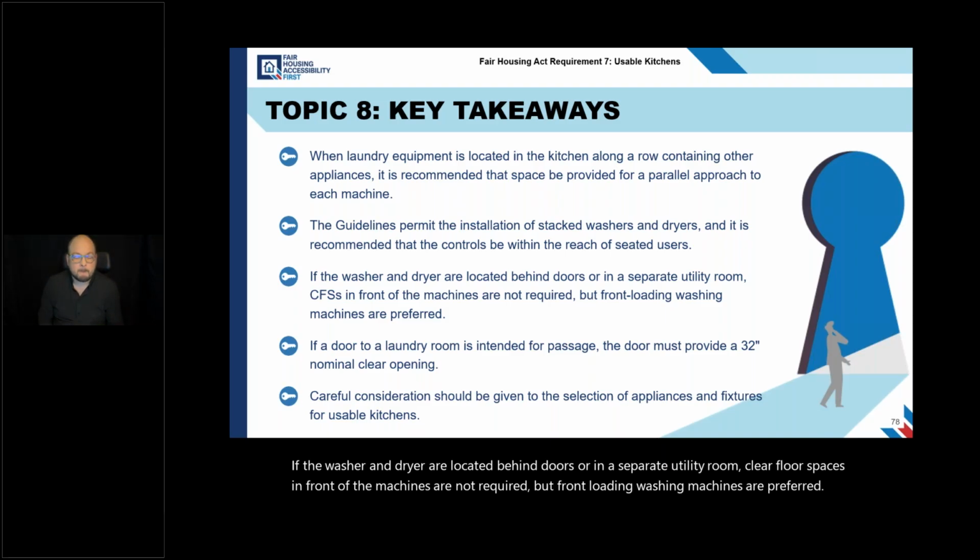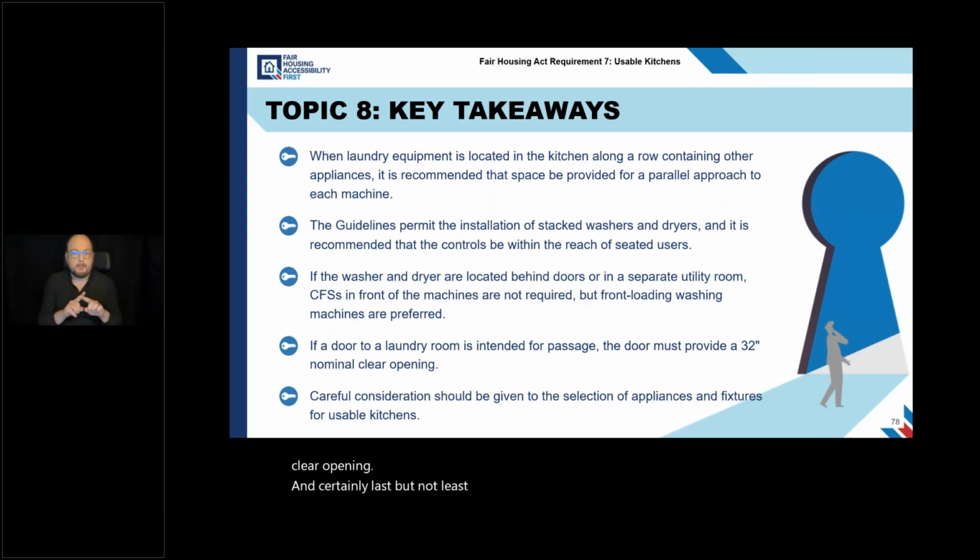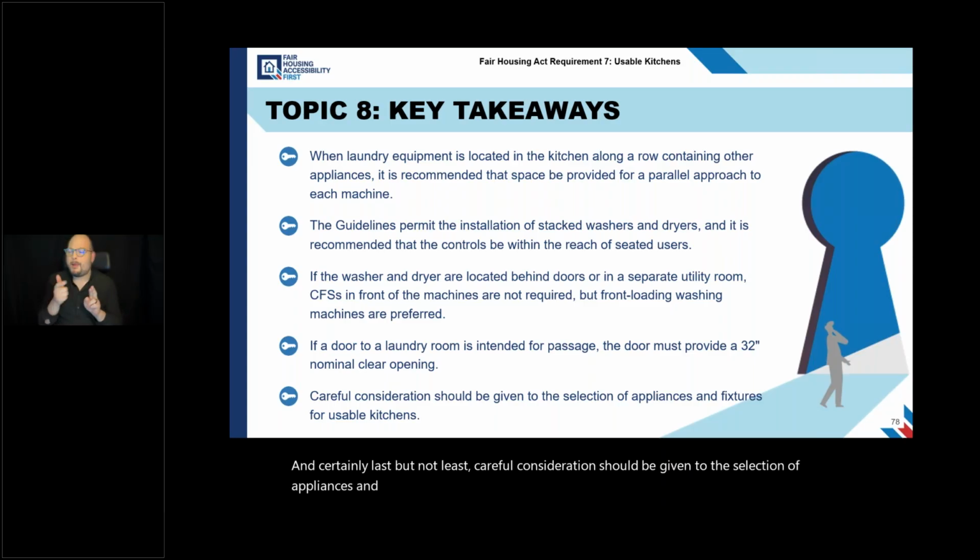If a door to a laundry room is intended for passage, the door must provide a 32-inch nominal clear opening. And certainly, last but not least, careful consideration should be given to the selection of appliances and fixtures for usable kitchens.